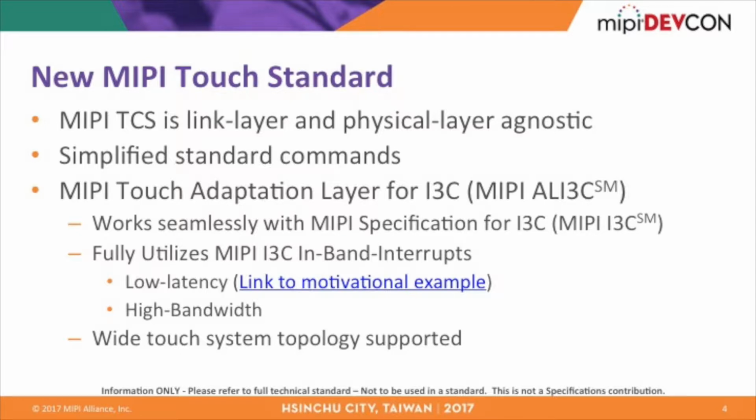Between the MIPI layer and the actual base layer is an adaptation layer for I3C, codenamed Alice, or ALI3C. We just call it Alice for short. The idea of Alice is that it provides an adaptation layer between the physical interface at the bottom and the high-level touch command set.